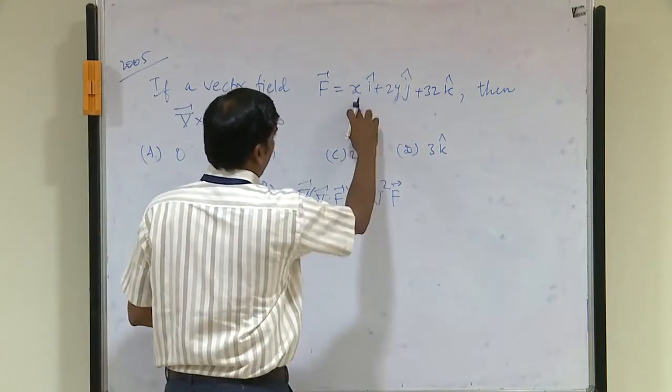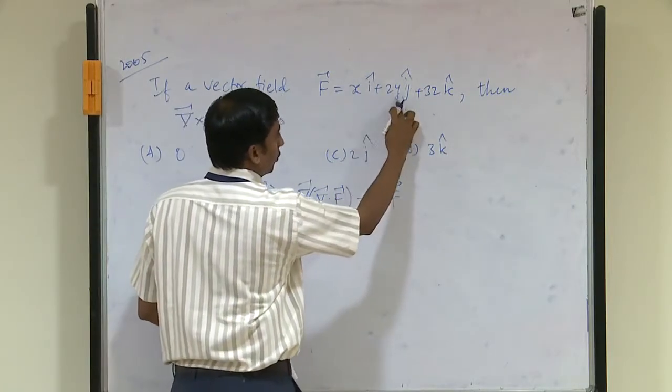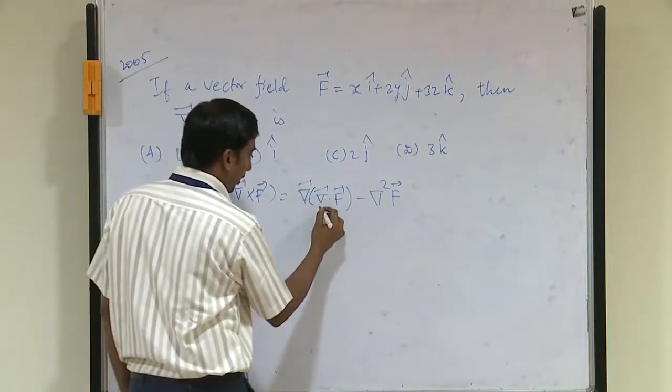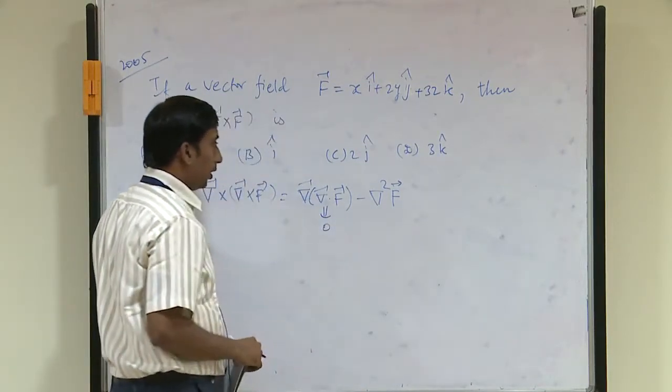So that will give you 1 plus 2 plus 3, so that will be a constant number. If you take gradient of that, this will be equal to 0.